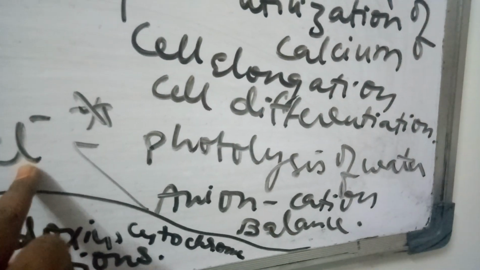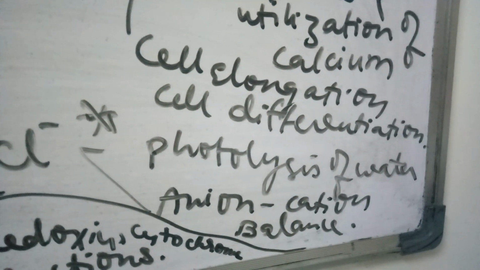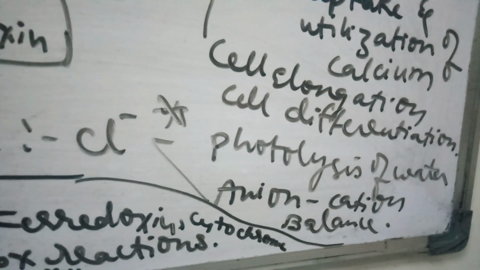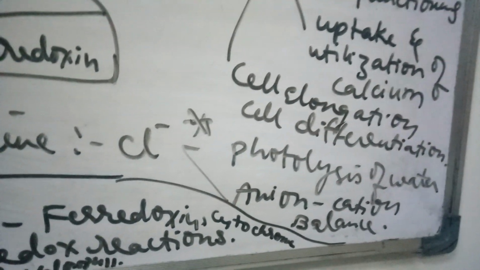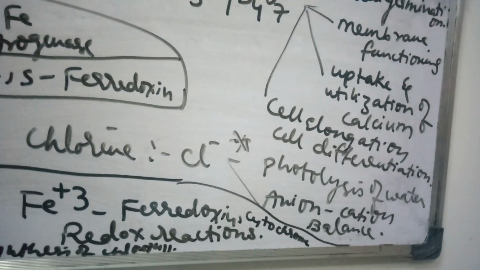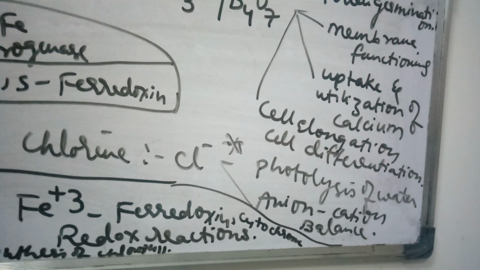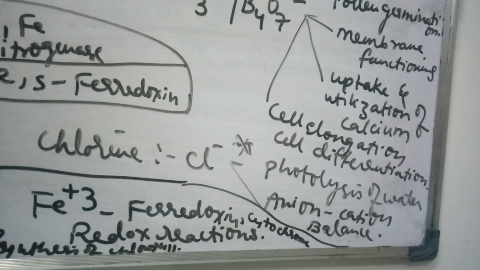Chlorine also balances the cation-anion balance, and it is also responsible for the concentration of solutes. Solute concentration is mostly maintained by elements like sodium and potassium.